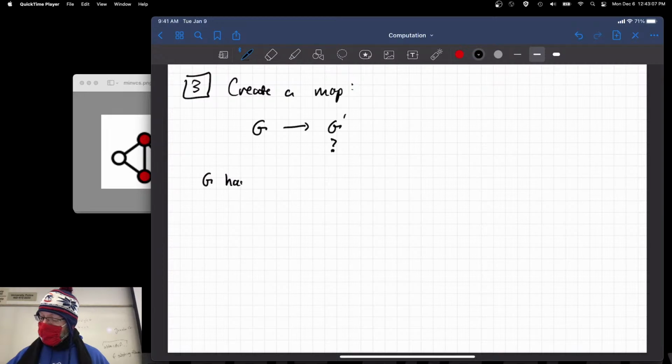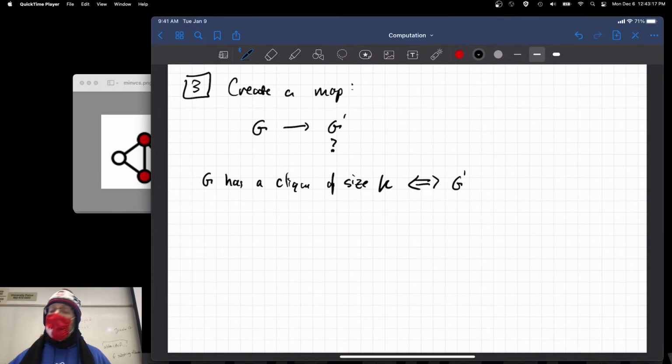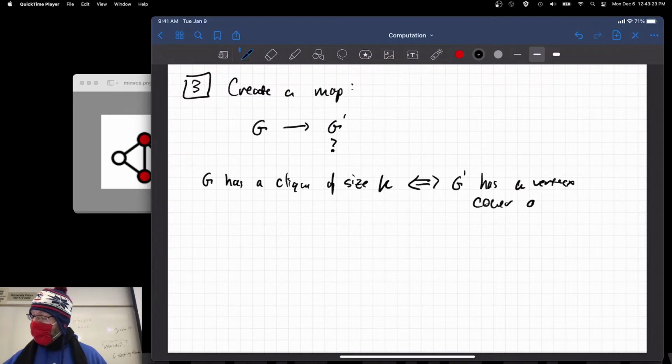G has a clique of size, say, k, if and only if this transformed graph, G prime, has a vertex cover of size, whatever, k prime. I'll just go k prime here, give it a different name.